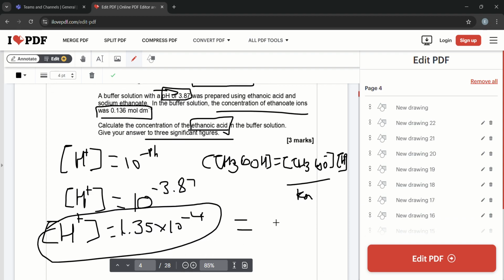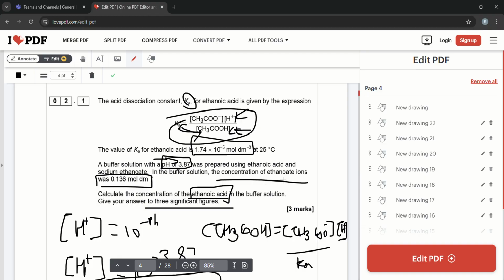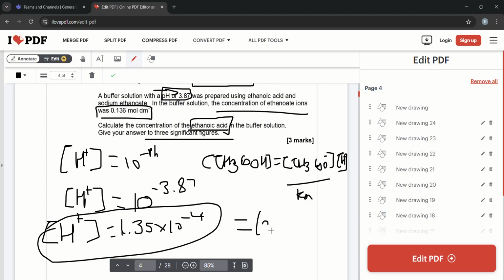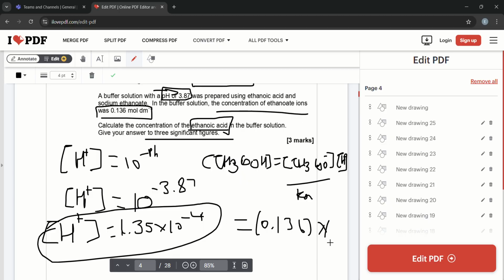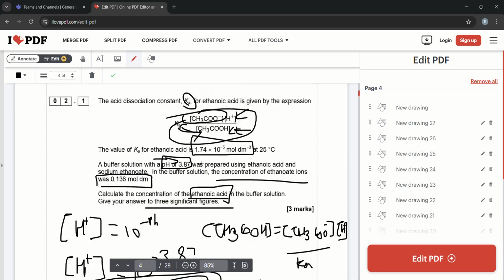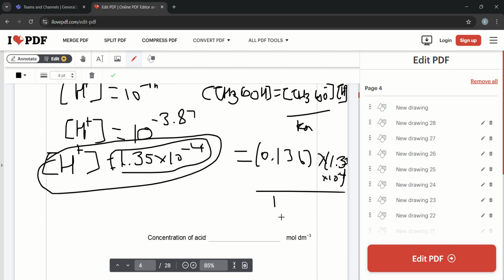So now we know the concentration of ethanoate ions, which is this, is 0.136, so we can say 0.136 times the concentration of H plus ions, which is this, 1.35 times 10 to the power minus 4, divided by Ka, which is 1.74 times 10 to the power minus 5.